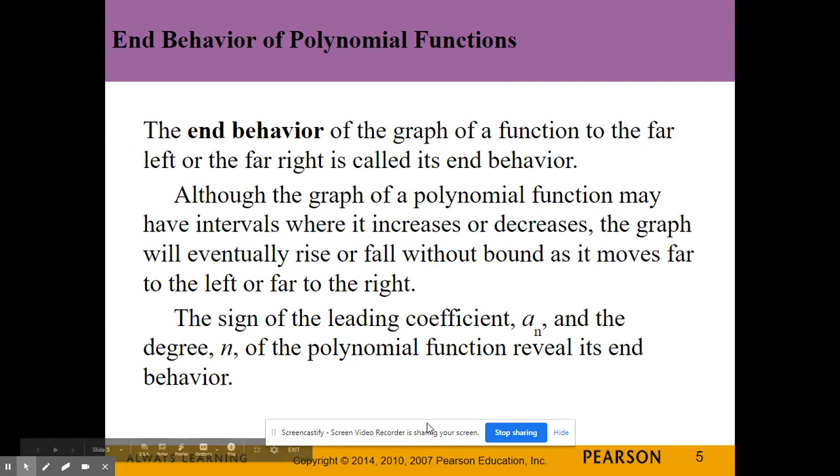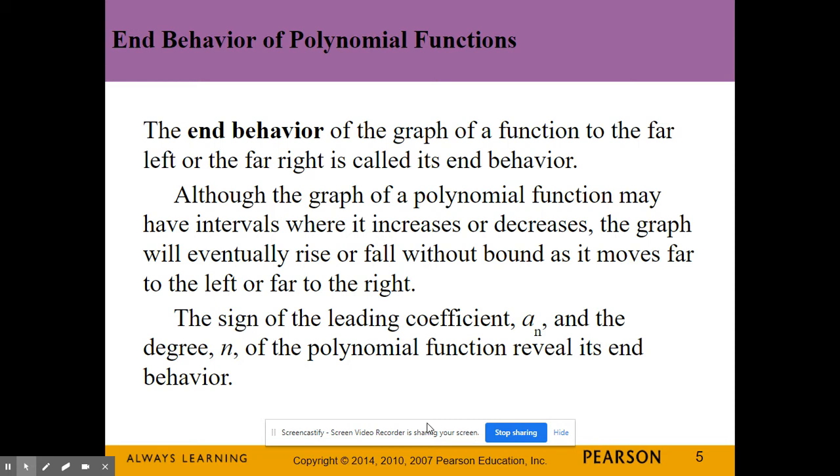All right, now we're going to talk about end behavior. The end behavior of the graph of a function to the far left or the far right is called its end behavior. So essentially, it's like what's happening at the ends of the graphs. Every graph is going to fall into one of four categories, and it's determined by two things.